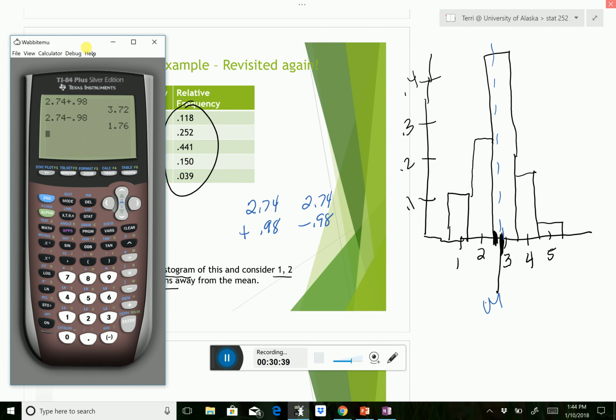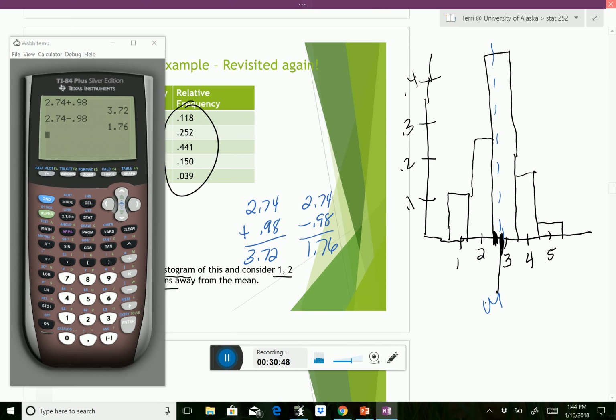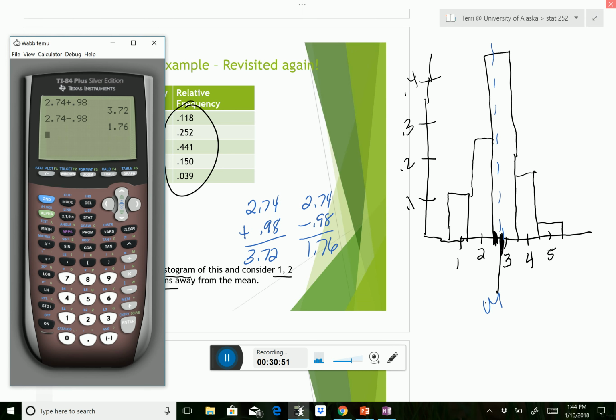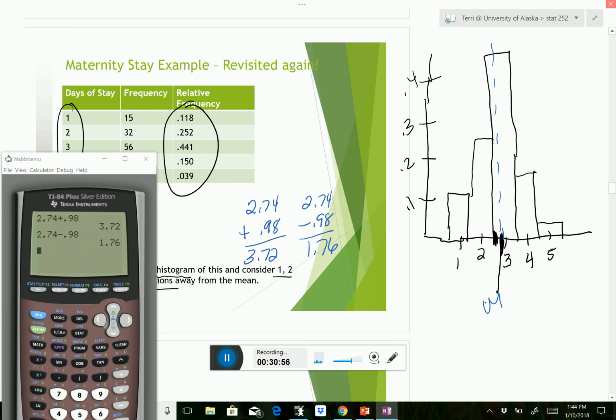Okay, so this is 3.72 and 1.76. So looking at 1 standard deviation away, I'm going to change colors again, and we're going to put this one in red. So we want 3.72, so that's about right here. So this is mu plus a sigma, and mu minus a sigma.